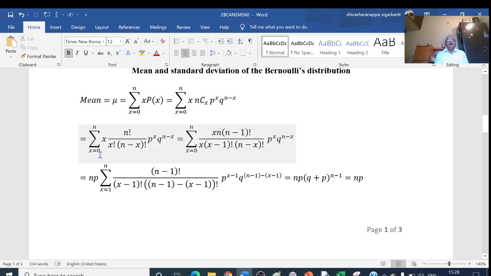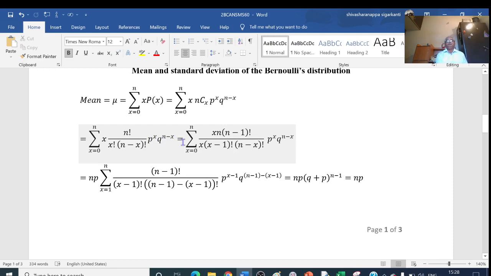This is equal to sigma 0 to n of x as it is, times nCx, which can be written as n factorial divided by x factorial into n minus x factorial, into p raised to x into q to the power of n minus x.